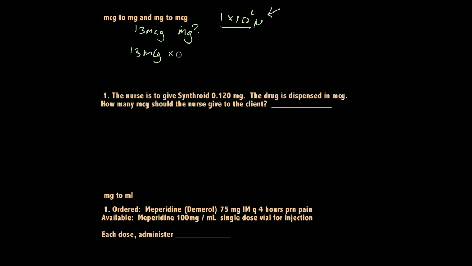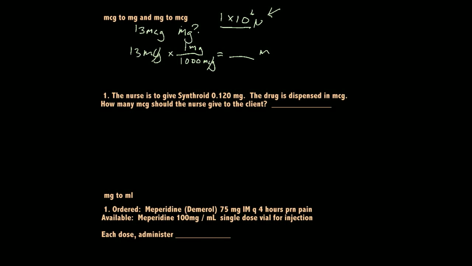We know, and this is a shortcut, that for every 1 milligram, there are 1,000 micrograms. So my micrograms are going to cancel out, and I'm going to be left with blank milligrams.